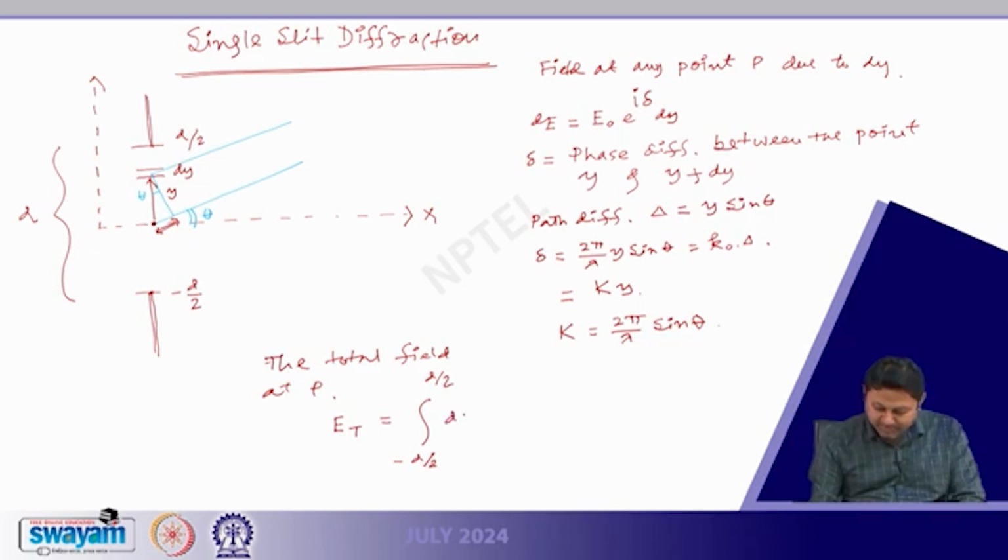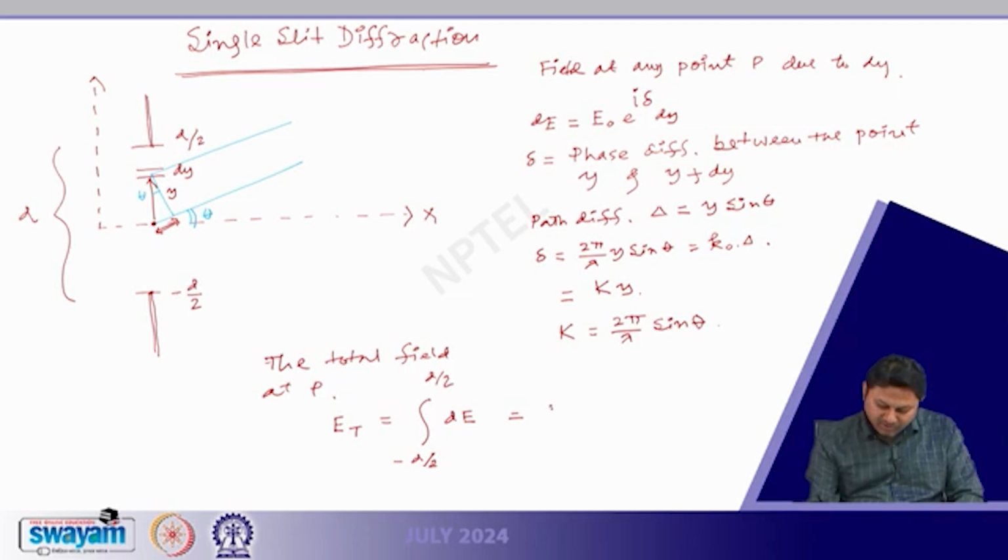So, essentially I am using the same principle that we have done earlier, that summing over all the contributions of the linear oscillators, the field that is emitting from each linear oscillator, we combine everything as a sum. Here we are doing it in a continuous manner. In the previous approach we calculated a discrete sum, but now we are doing this as a continuous sum by integrating. So, dE, I know what is dE.